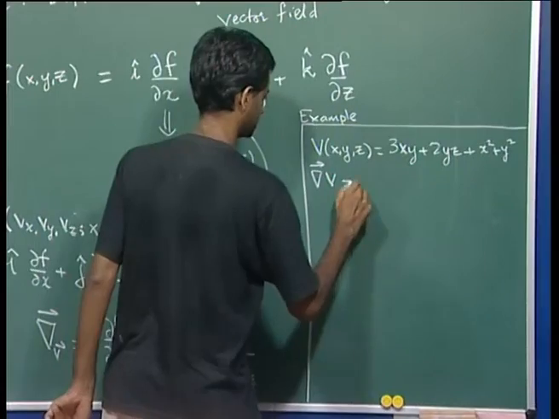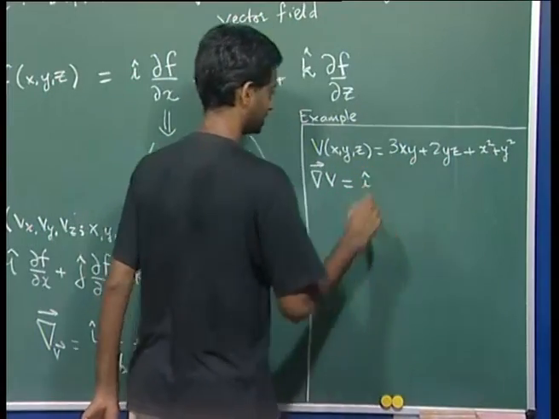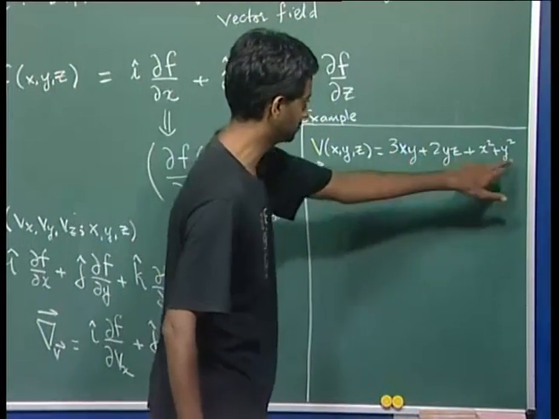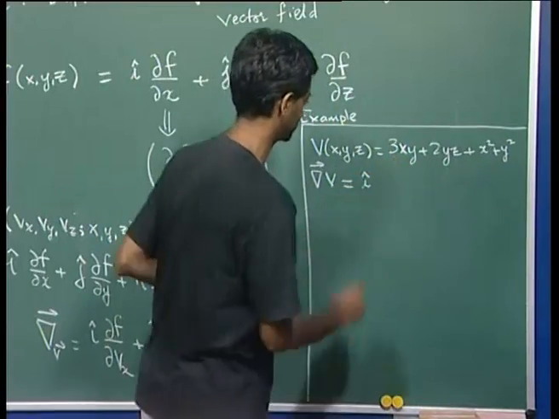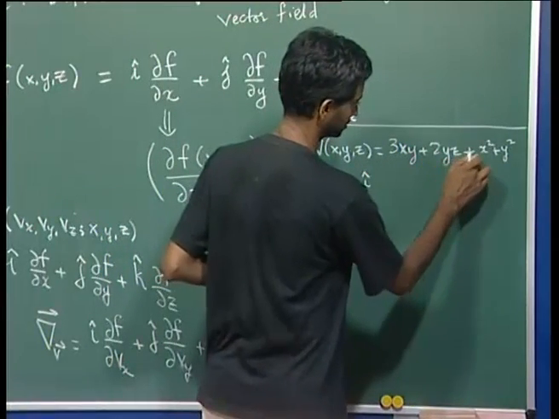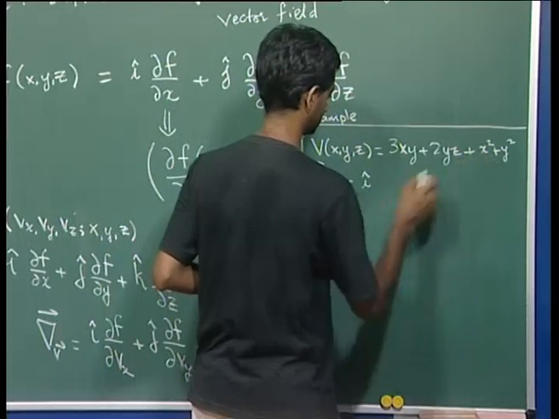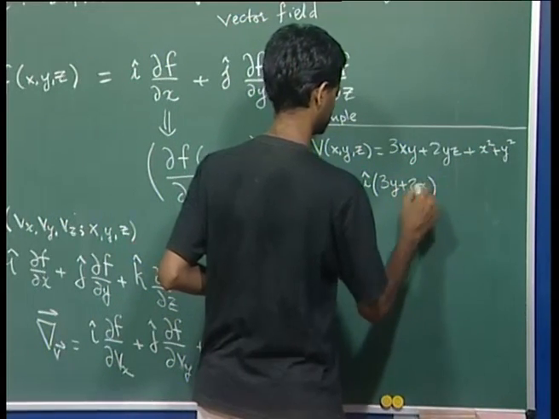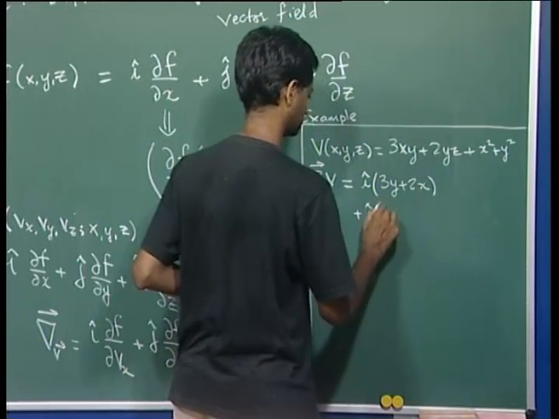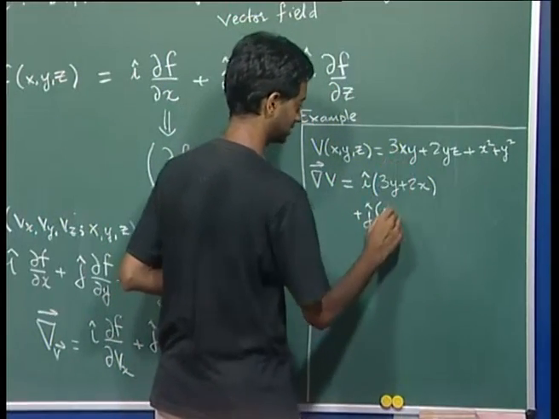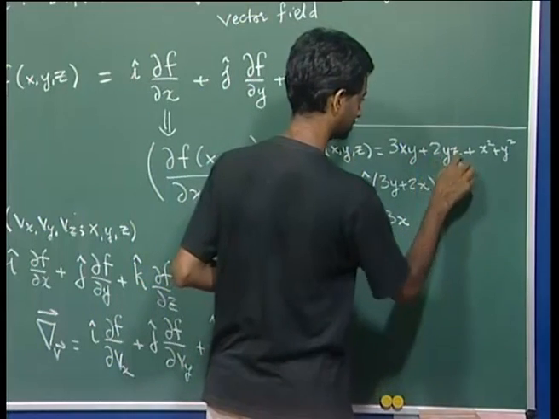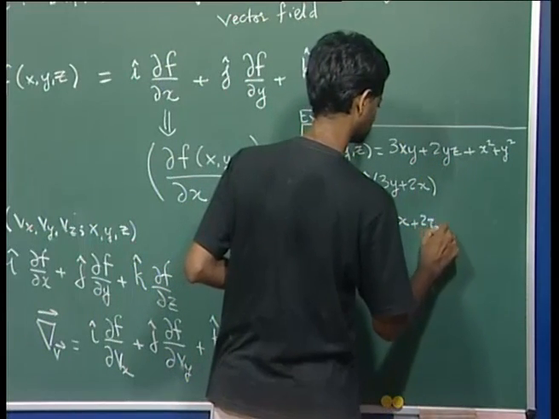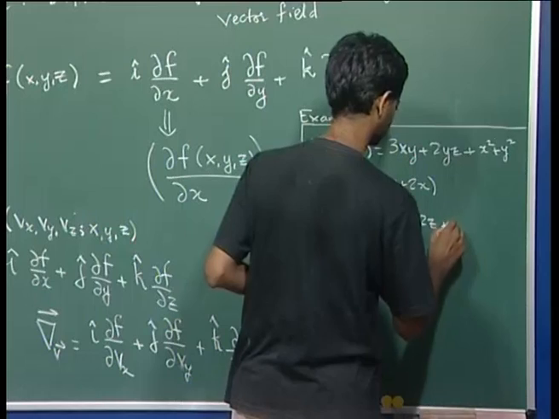The gradient of v will have an i component, and for that you take the derivative with respect to x. The first term will give you 3y, the second term will give you 0, the third term will give you 2x, and the fourth term will give you 0. So you have 3y plus 2x, and then plus j. In this case the first term will give you 3x, the second term will give you 2z, the third term will give you 0, and the fourth term will give you 2y.